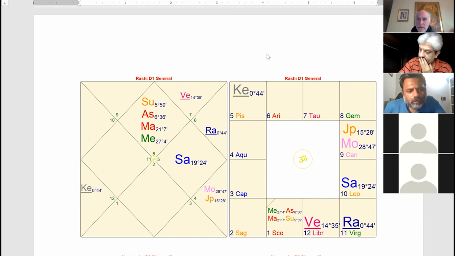Is there no planet here in Pushkar Navamsha? Ascendant Mars. Yes, ascendant. No, not ascendant. Sorry, I'm sorry. I think it missed. It missed because it's the first and the third. Ascendant is in the second Navamsha.